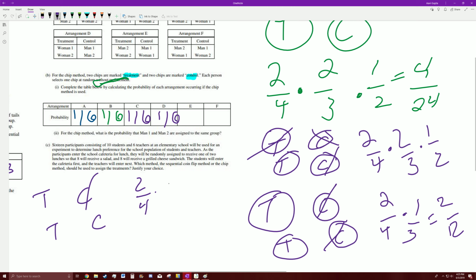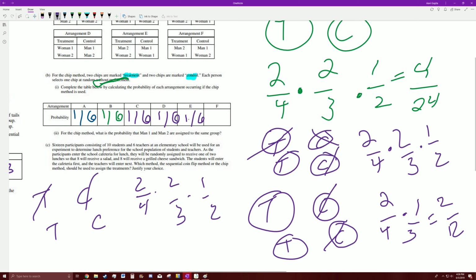So there's a 2/3 chance he gets that, because there are two treatment chips, and there was only one control chip. So we had a 2/3 chance of getting a treatment and only a 1/3 chance of getting control. And then woman 1 goes up, and there's a 1 out of 2 chance she picks either of them, and she picks this one. So 1 out of 2, so that's equal to 4/24, or again 1/6.